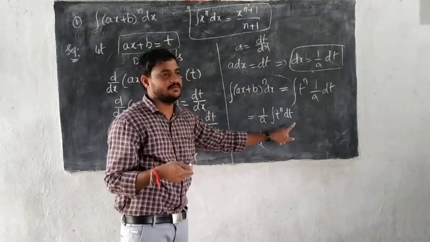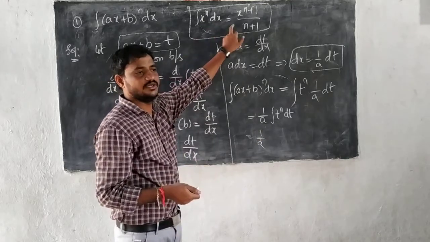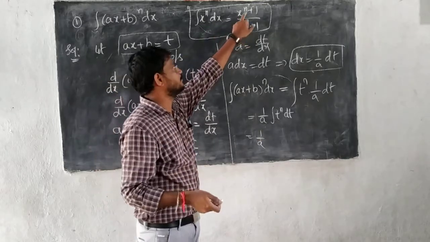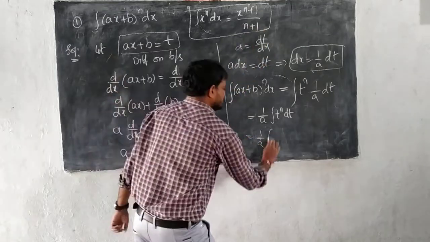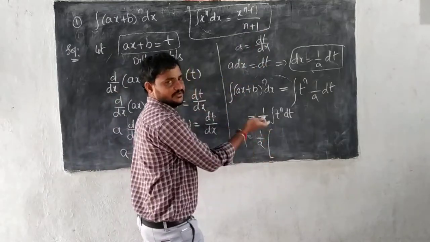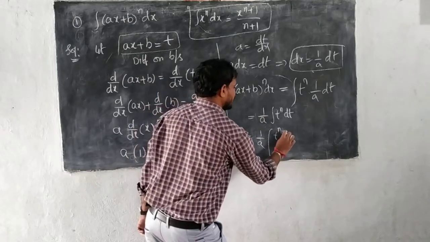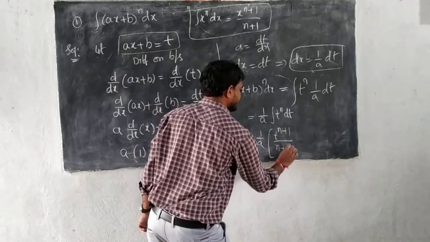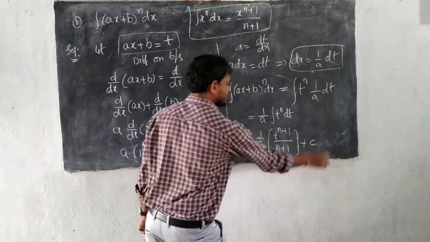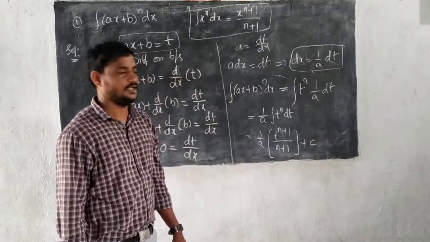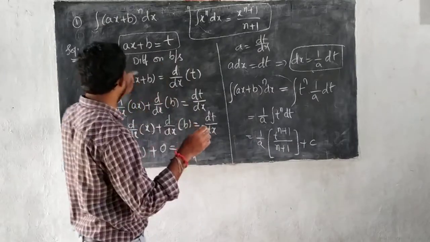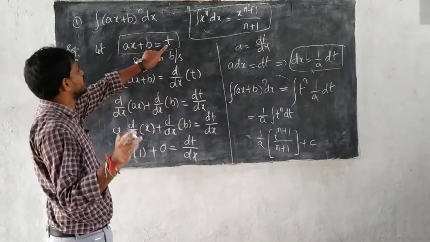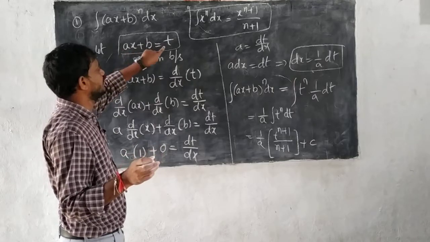What is the standard form? Integration of x to the power of n into dx is x to the power of n plus 1 by n plus 1. Here in place of x we have t. So you will get t to the power of n plus 1 by n plus 1 plus the integral constant c. Then substitute the t value, because in the beginning we assumed ax plus b as t.